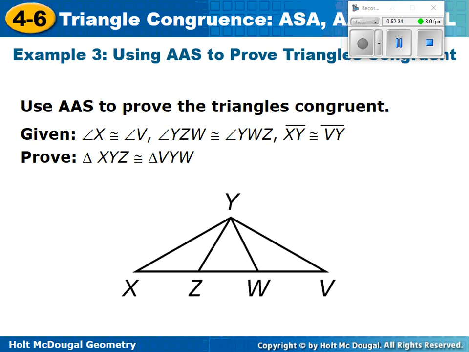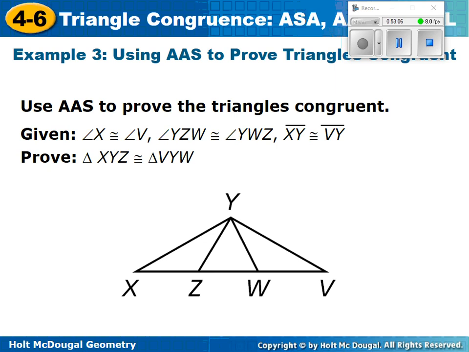So we have two angles that are supplementary to two angles that were previously congruent. And the congruent supplements theorem says if that's true, then angle XZY must be congruent to angle VWY. That's the congruent supplements theorem.